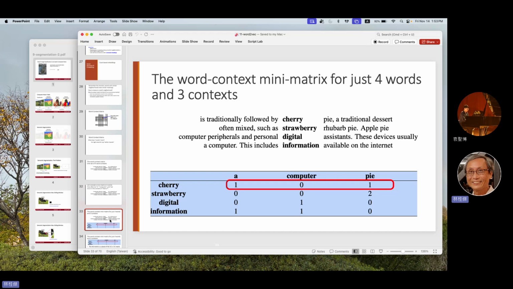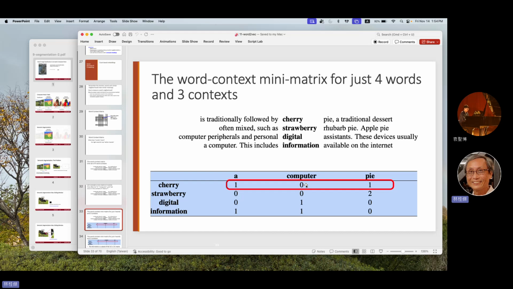So for each word, we can simply look at its surroundings and then do a kind of calculation to see which words appear close to it a lot of times. And here you can see that for the cherry, we have no computers around it. But for the strawberry, we have the pie here, and also in here.